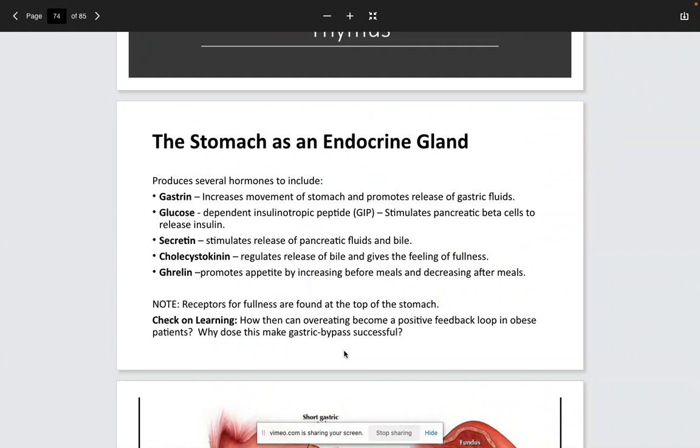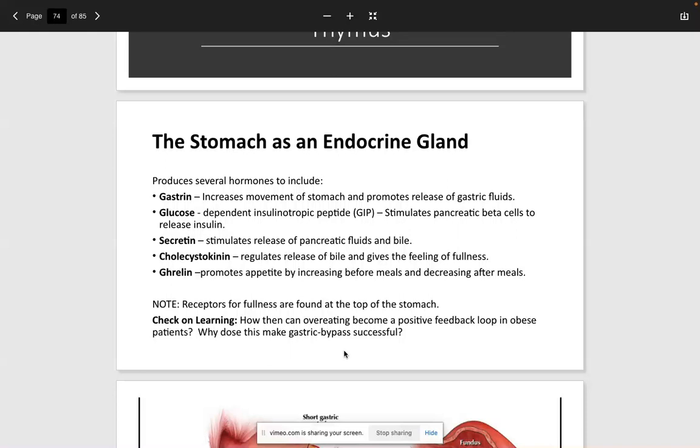Gastrin is going to increase the amount of gastric fluids or gastric acid. It increases movement of the stomach, promotes release of gastric fluids. GIP, glucose dependent insulinotropic peptide, causes the pancreas to produce insulin. It makes sense. Glucose dependent, insulinotropic. So we need glucose.